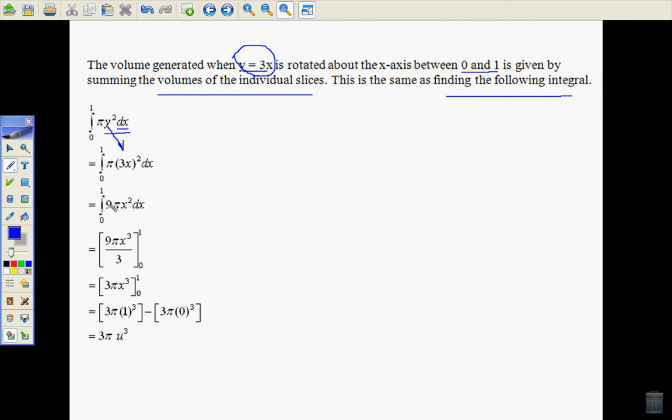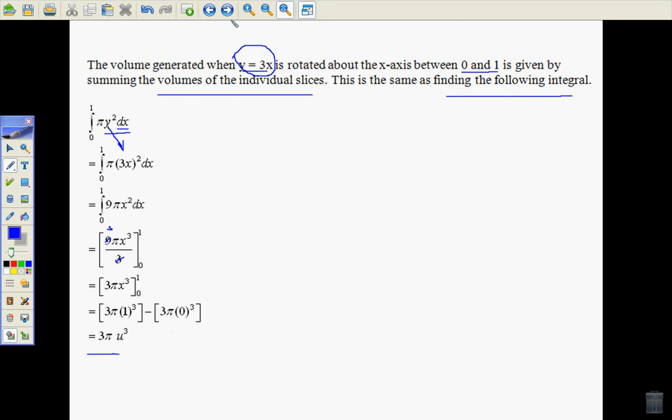That means we get 9 pi x squared, because that gives us 9x squared. Now we can integrate it. We add 1 to the power, we divide by the power, and we're going between 0 and 1. The 3 cancels with the 9 to give us 3, and so we get 3x cubed. Substitute 1 in, substitute 0, which just leaves us with 3 pi units cubed.